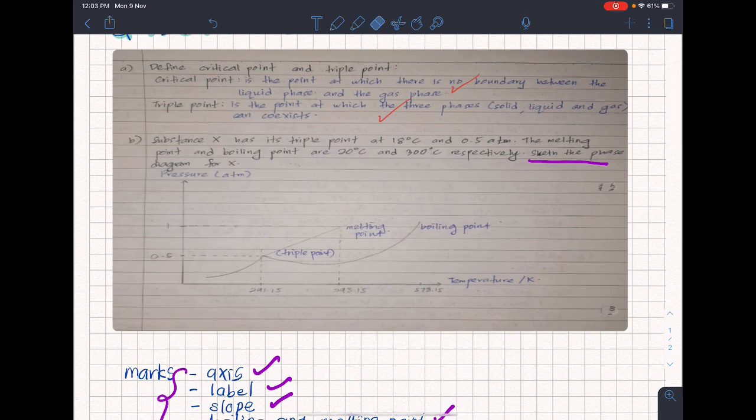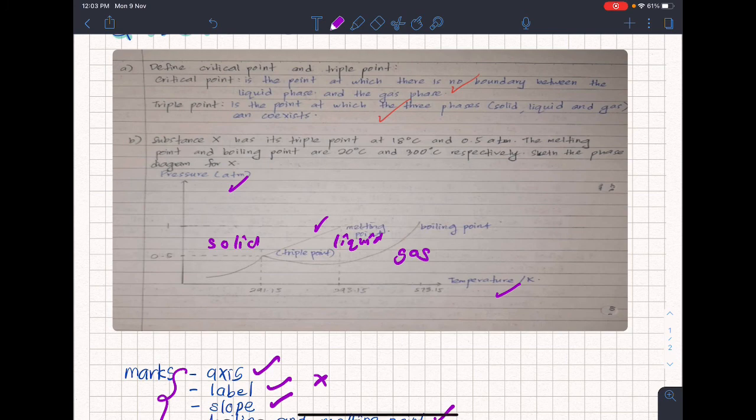So your friend, what he or she did: the axis, okay, correct. Label, no, solid, liquid, gas, so label no. Slope, positive slope, yes.